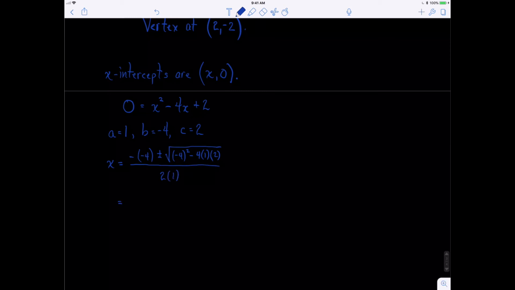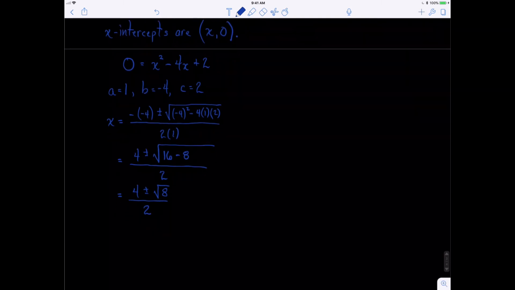If we clean that up, we have 4 plus or minus. Now, I always have to be careful, there's a lot going on here. Negative 4 squared is 16, and then I'm going to have a minus 8, over 2. So this is 4 plus or minus the square root of 8 over 2. Now we can simplify this. The square root of 8 is the same as 2 square root of 2, so 4 plus or minus 2 square root of 2 over 2.